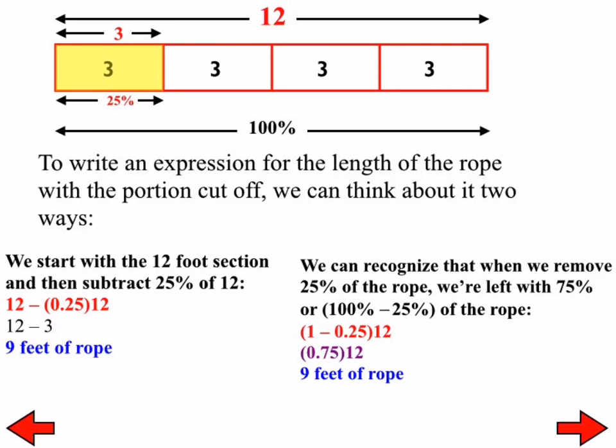Another way of thinking about this would be thinking about it in terms of taking 25% of the rope away. And if I take away 25% from the 100%, that leaves us with 75%. So this expression right here is saying 100% minus the 25%, converting them to decimals, which leaves us with 75%. So I'm finding 75% of 12.